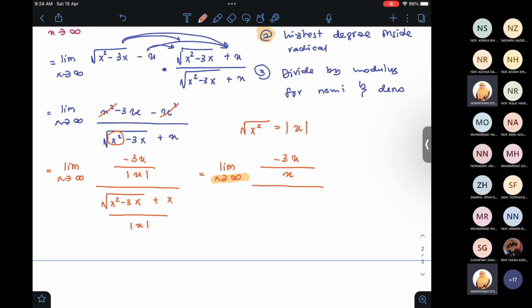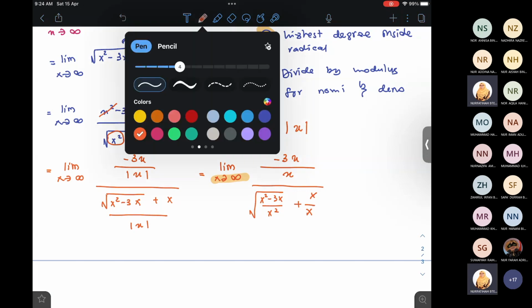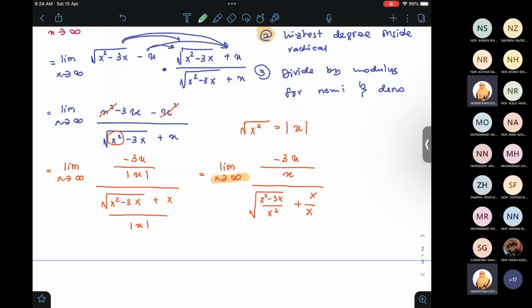That means, for the first term, I get x square minus 3x over x square. For the second term, I get x over x. Is it clear? The one with the radical, you put inside; the one without the radical, you open the modulus. From here we can simplify.